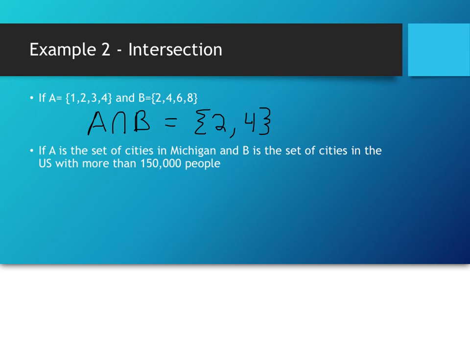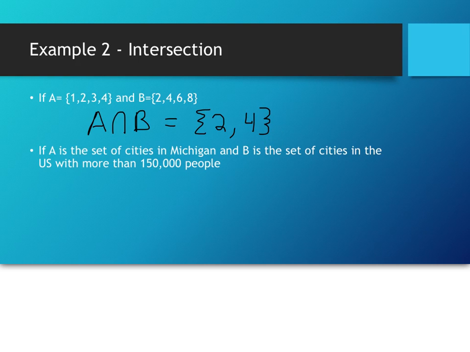And so the overlap, where these two sets overlap, or where these two sets intersect, is 2 and 4. Now, this is the formal way of writing it. We say A intersect B is the set containing 2, 4.